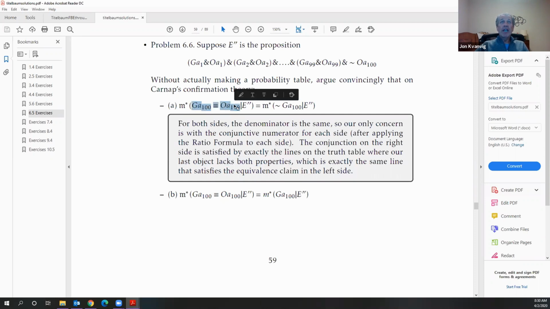That equivalence claim comes out true when the last object has both properties or lacks both properties. And the line where it lacks this property is the very same line where they're both lacking. Okay, so you're going to get an equivalence there.